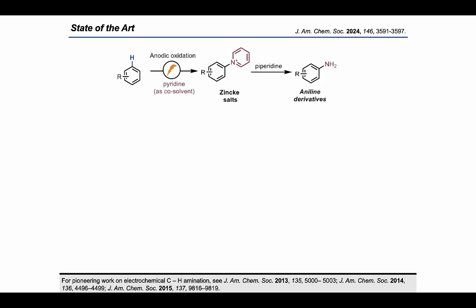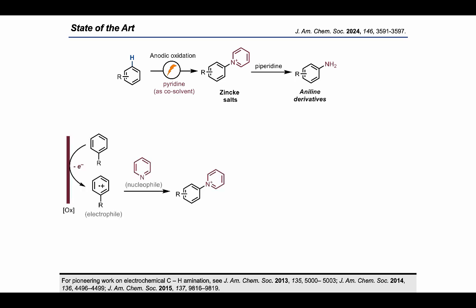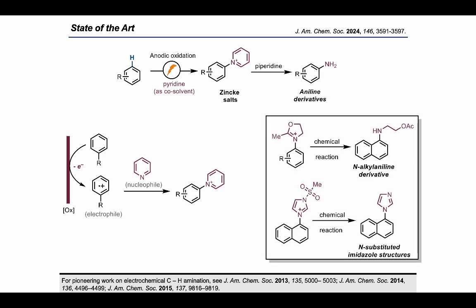In 2013, Professor Yoshida reported the first electrochemical arene carbon-hydrogen amination via anodic oxidation of the arene to a radical cation, followed by carbon-nitrogen bond formation with pyridine as the nucleophile and co-solvent, leading to the formation of aryl pyridinium salts or zinc salts. This electrochemical reactivity was further demonstrated with various designed amine nucleophiles and nitrogen-containing heteroarenes to generate aryl-amine products as a result of subsequent chemical reactions.